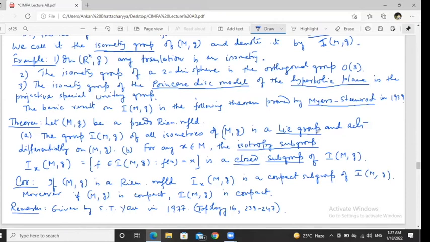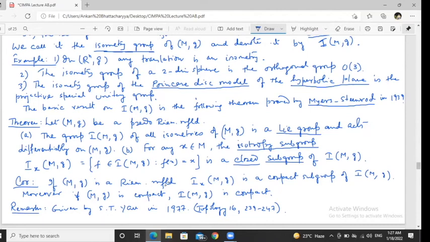So I(M, g) becomes a Lie group and acts differentiably on (M, g). I am coming to the action of a Lie group later. For any x belonging to M, the isotropy subgroup consists of the f such that f(x) equal to x holds. We call this the isotropy subgroup of I(M, g).